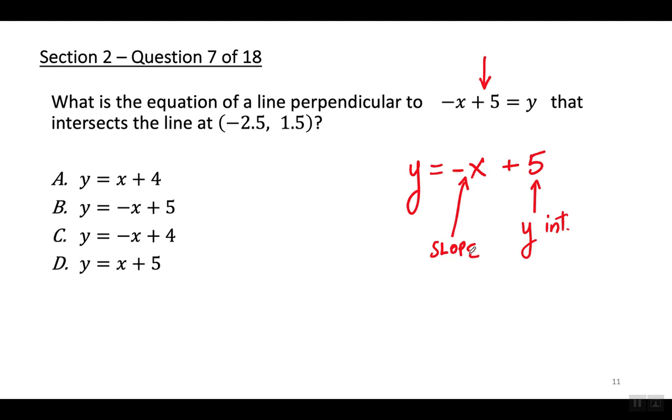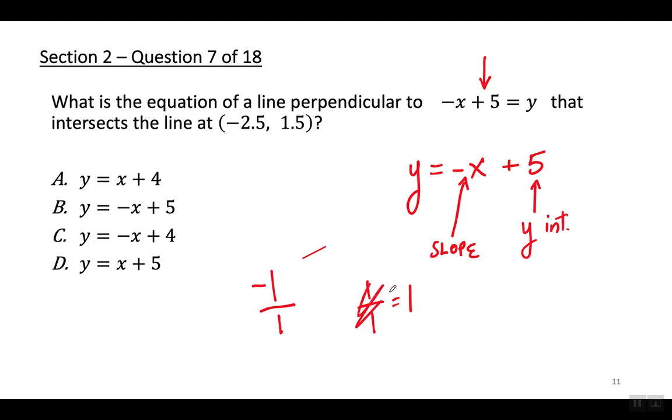Okay? So if two lines are parallel, their slopes will be the same. If two lines are perpendicular, their slopes will be the opposite sign of each other and the reciprocal of each other. So the slope of this line is -1. If I change it to a fraction, the slope of a line perpendicular to it will be just +1 over 1, which is 1.